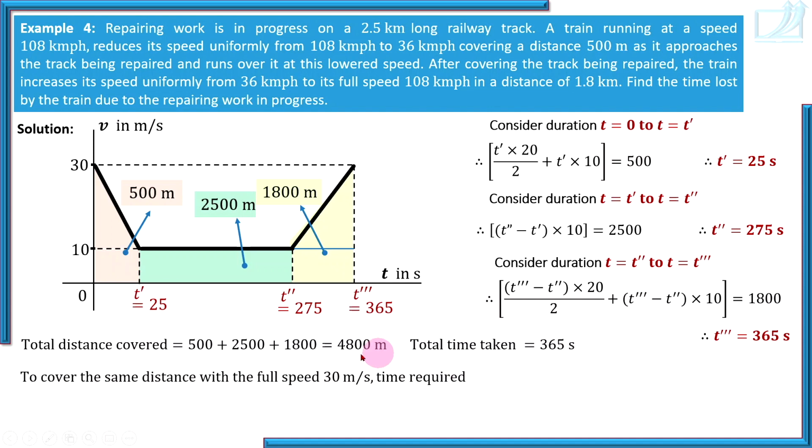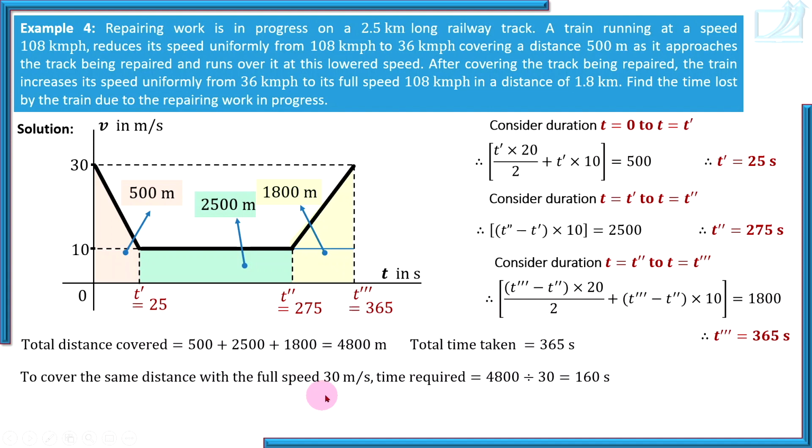To cover the same distance, that is 4800 meters, with the full speed of the train, 30 meters per second, how much time is required? Simple mathematics. 30 meters per second. So to cover 4800 meters, how much time is required? 4800 divided by 30, that is 160 seconds.